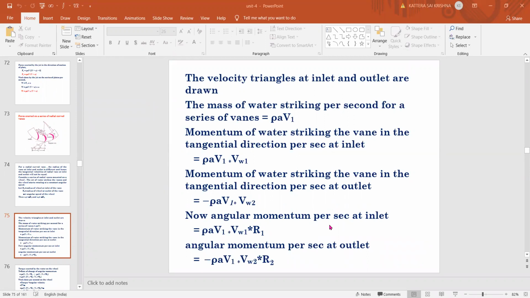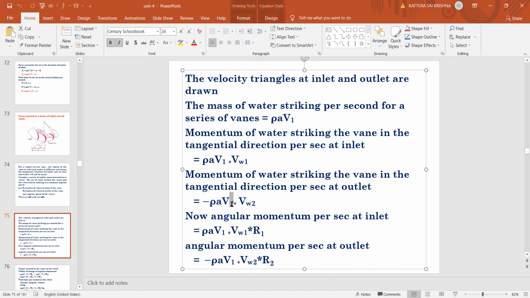So now the angular momentum per second at inlet is the momentum at inlet, already calculated here, into the radius at the inlet. The radius of the drum at the inlet is R1. Similarly, at the outlet it is minus rho A V1. Sorry, the mass is completely the same, V1 only.